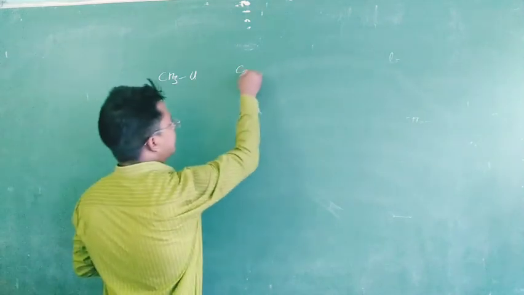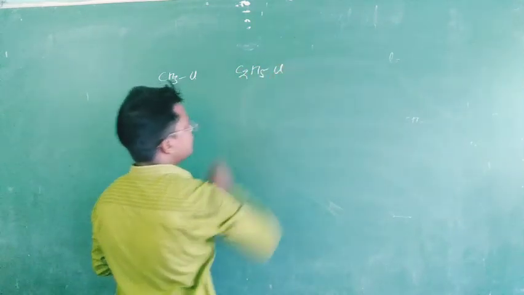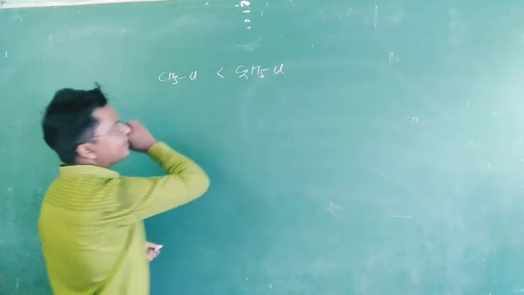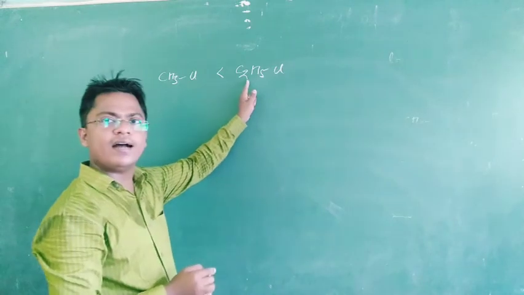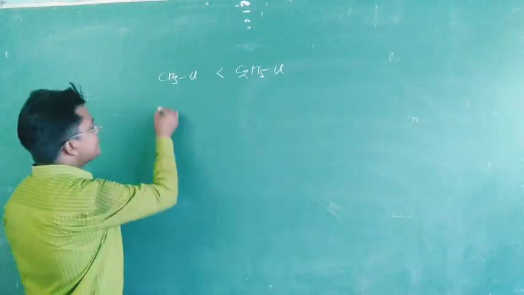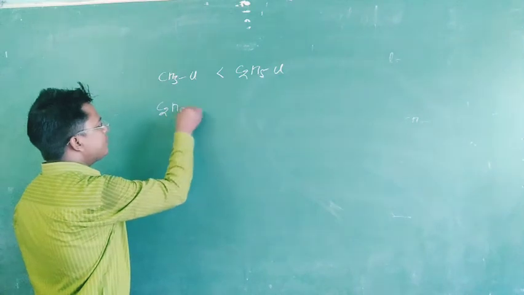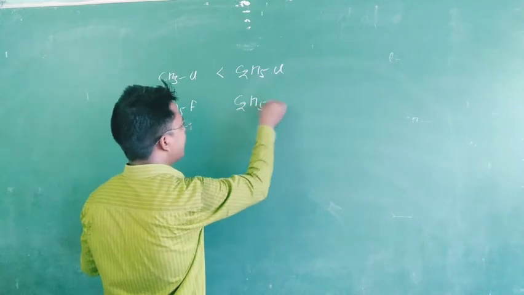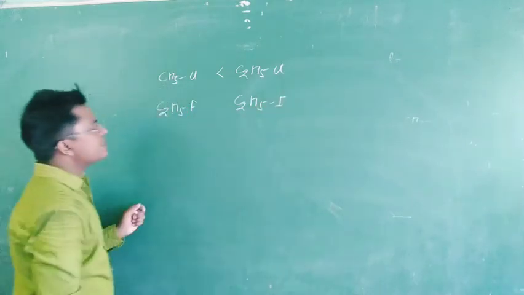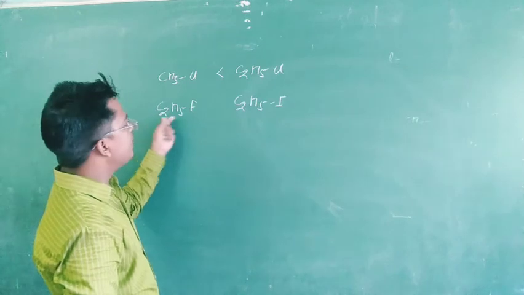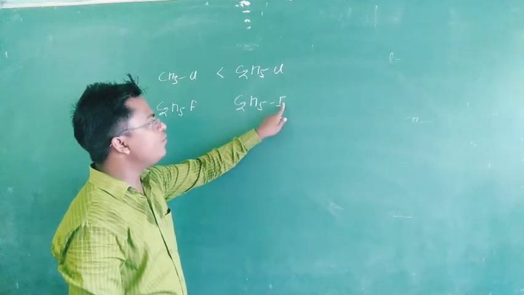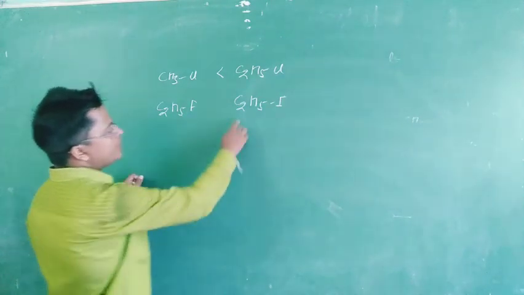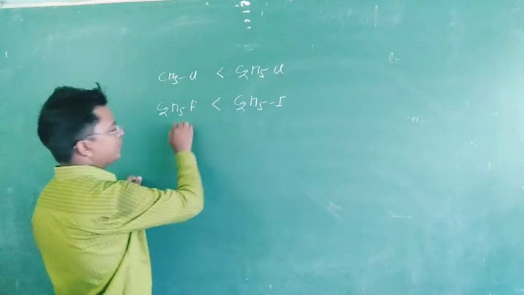Suppose we have CH3Cl and here we have C2H5Cl. Of course, the boiling point of C2H5Cl will be higher compared to this one because its molar mass is higher. Let's have some other examples: C2H5F and one more example, C2H5I. You can see the alkyl group is the same, but iodine has a higher atomic mass compared to fluorine, so the boiling point of C2H5I is higher than the first one.